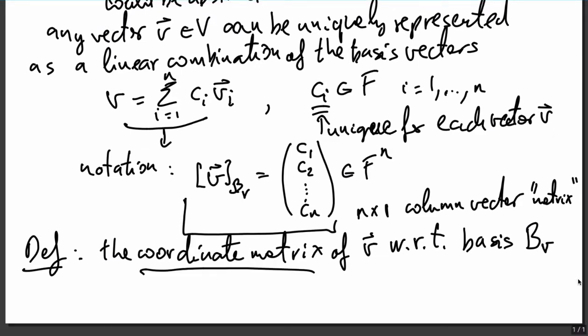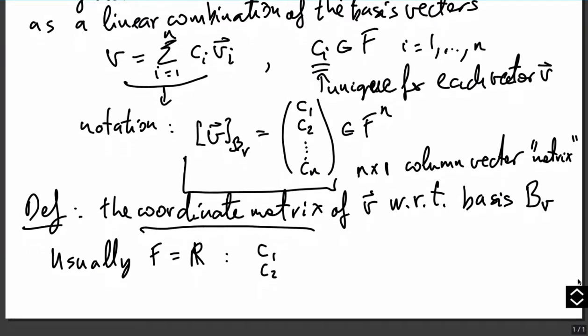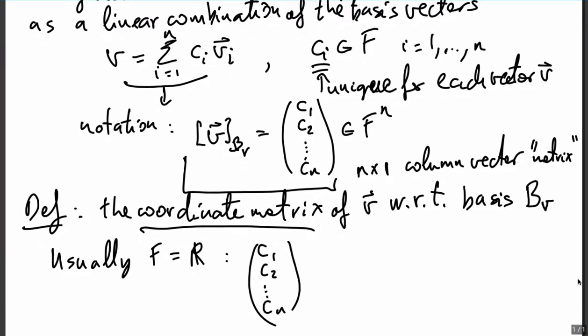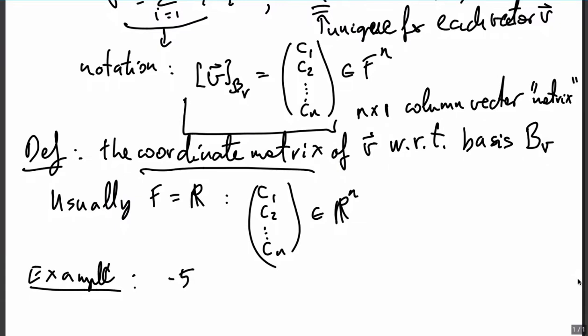So first of all, usually the field is just the real numbers, and that means that C1, C2, ..., Cn is an n-vector of real numbers. And as in the previous example, using the standard unit vectors is probably not very interesting when you write this vector (-5, 4) as a linear combination of the standard unit vectors.